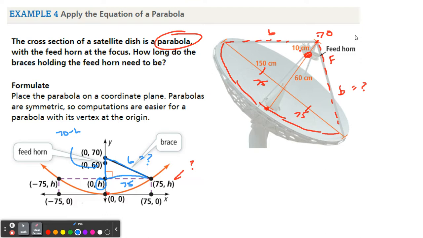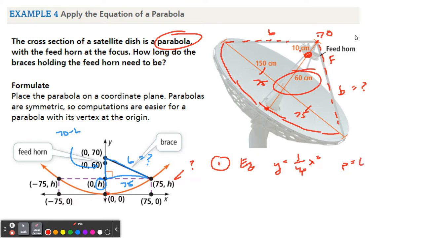Okay, so first things first, we're going to come up with the equation of this parabola. So step 1, the equation. We know that the vertex is at (0, 0), so this is going to be y equals 1 over 4p x squared. Our p value is the distance from the vertex to the focus. So that's going to be our 60 centimeters.